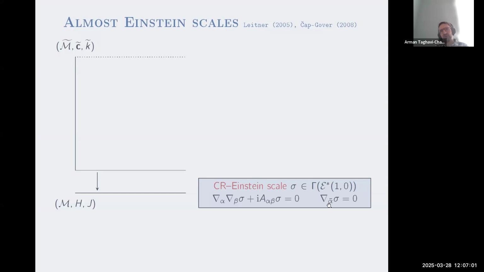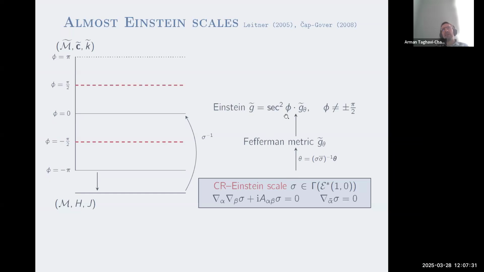So a solution to these equations, where this time sigma is a density on the CR manifold, and it has weight 1, 0. Then this sigma gives rise to a Fefferman metric via the contact form, and also a particular trivialization of the Fefferman bundle in this way. So this would be the zero section, if you want.